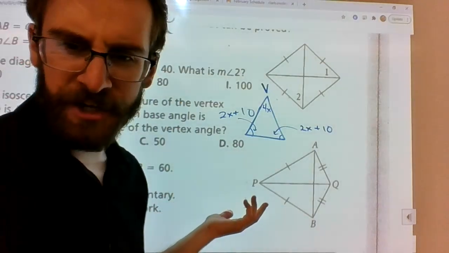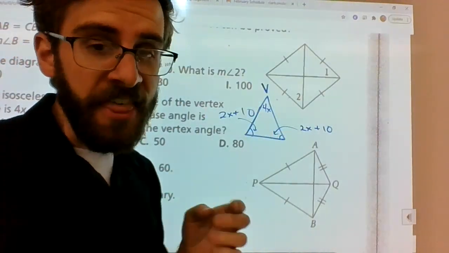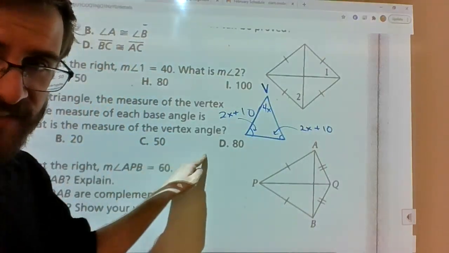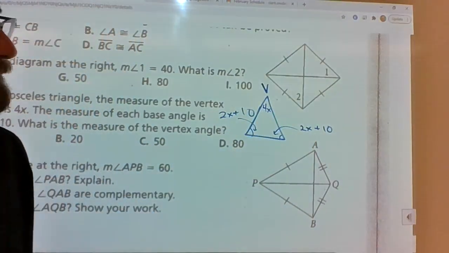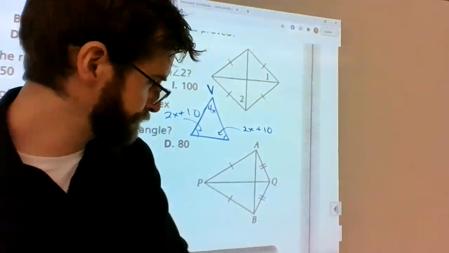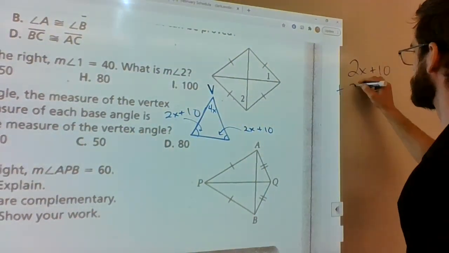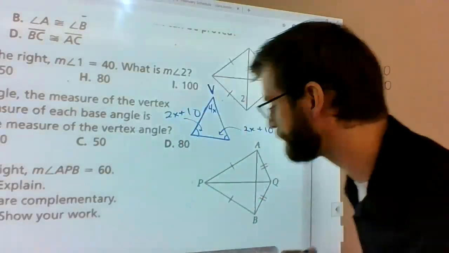So it seems like here's what we've got to do. Add them up, set it equal to 180. That'll help you find x, but we need the vertex angle. Then you plug x in up there in 4x. So let's do this. Can you guys see that? Yep.